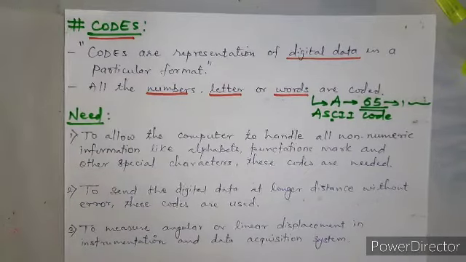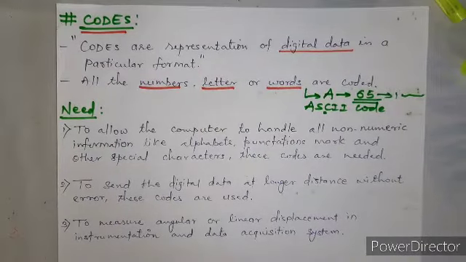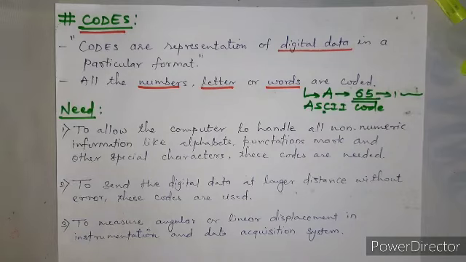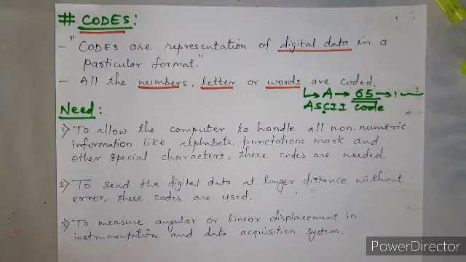Now what is the need of these codes? It's simply like we are living in one region and we have our regional language, right? But if we go to some other states, they have their regional language, right?